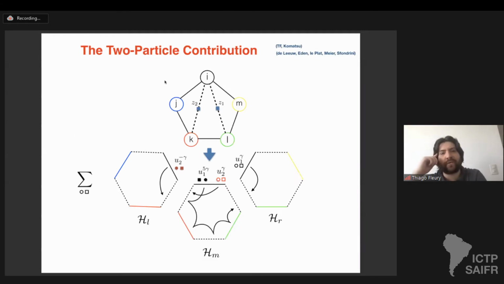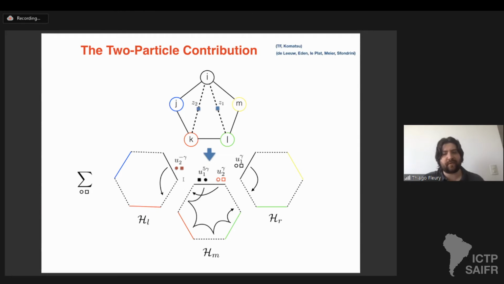So I mentioned now there is a new contribution if you want to compute the decagon or the deformed octagon. That's called the two-particle contribution. These two-particle contributions have particles in adjacent edges. And in order to compute this object, you have to compute three hexagon form factors. So you decompose these objects into three hexagon form factors.